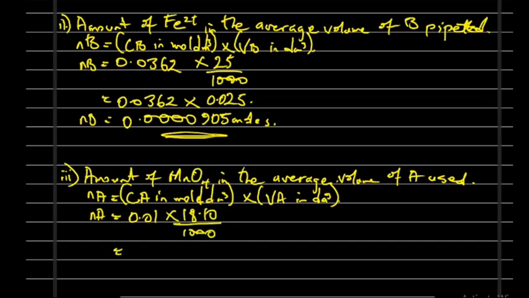So this is giving us 0.01 times 0.0181, and that is going to give us 0.000181 moles. That is the amount of permanganate found in the volume of our acid. And then we move to the next question.